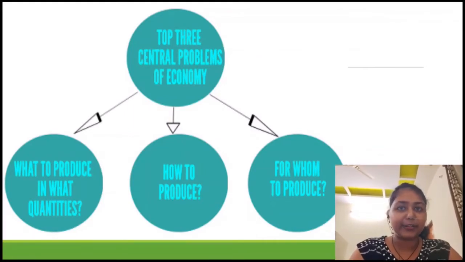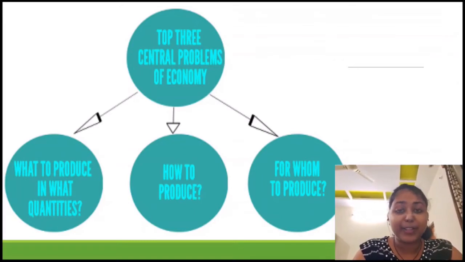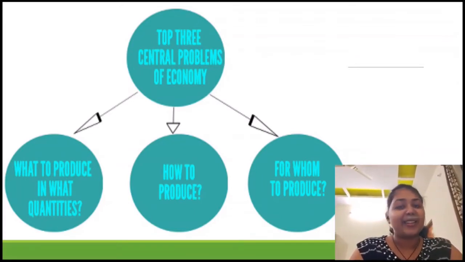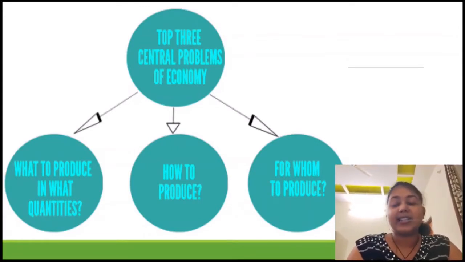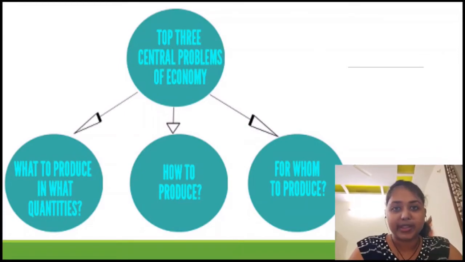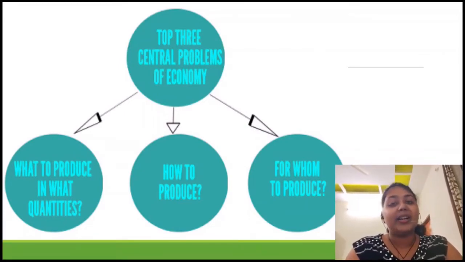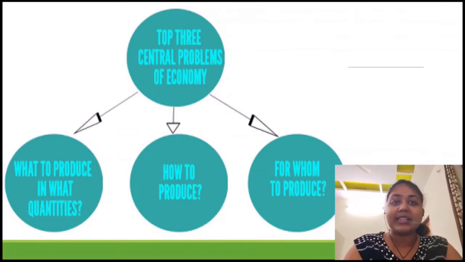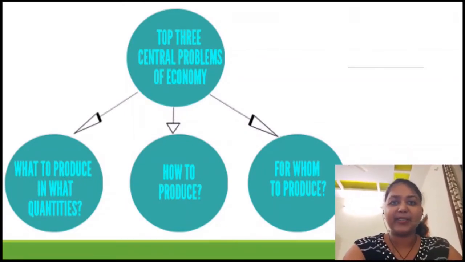First, scarcity of resources. Second, you need to make a choice, and why do we need to do that? Because we have unlimited wants. And the third is because the goods have alternative uses. These are the three main things because of which we have to solve these three main problems of an economy. Now let us look at what these problems actually are and how we can solve them.